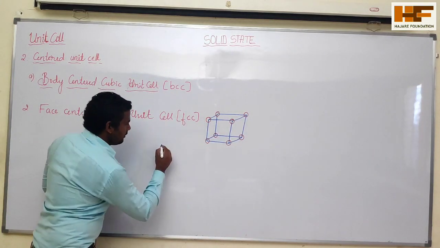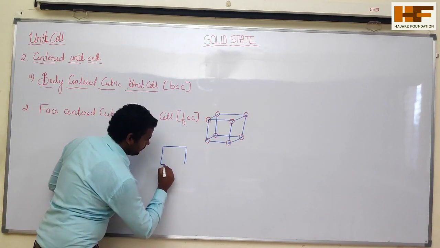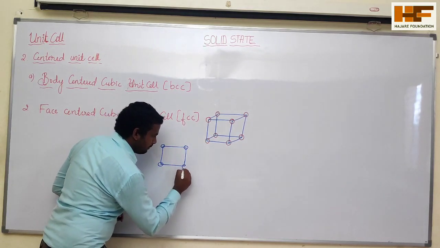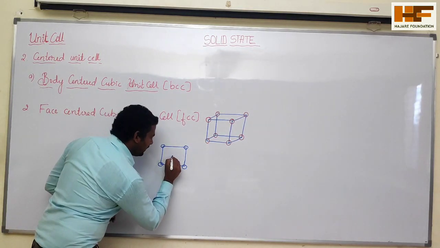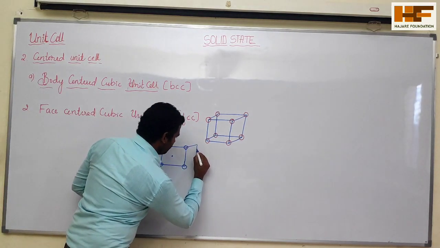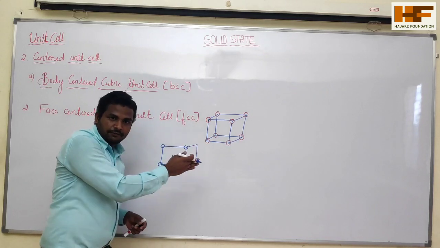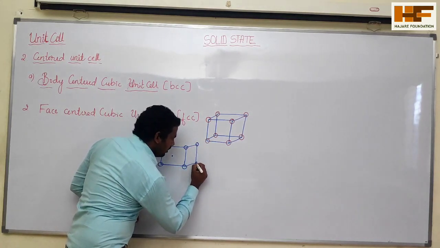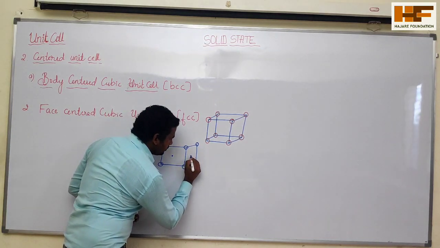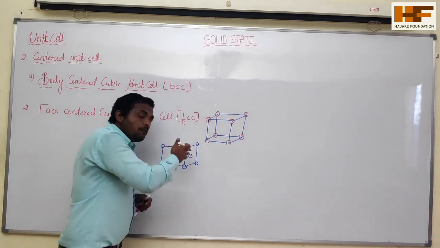Suppose you consider the front face. In that front face, there are corner particles as well as one particle at the face. Suppose you consider this side, so this is the side face. Here at the corner there is a constituent atom as well as one more constituent atom present at the face.